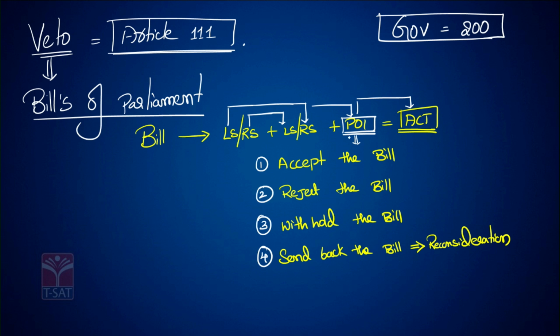When the President of India accepts the bill, that is called an Act. No problems. Everything's fine. The President of India can also reject an ordinary bill. And when he rejects the bill, that is called the end of the bill. This power of the President to reject the bill is called absolute veto.